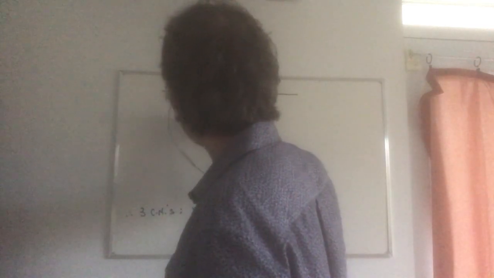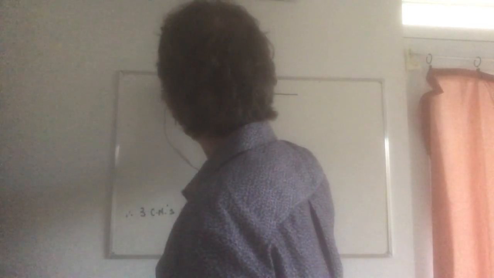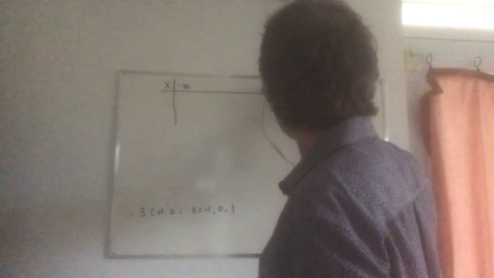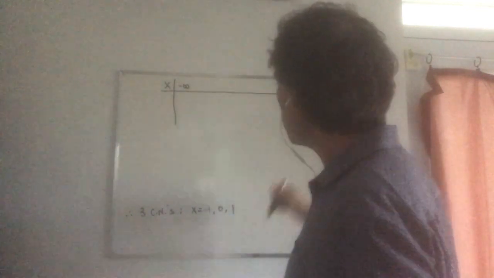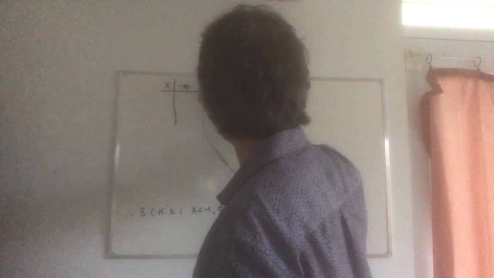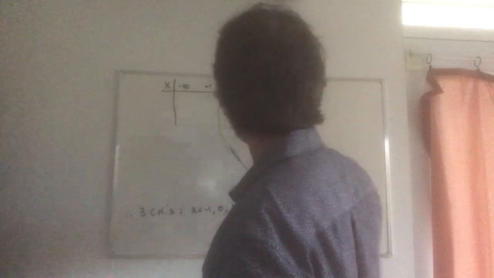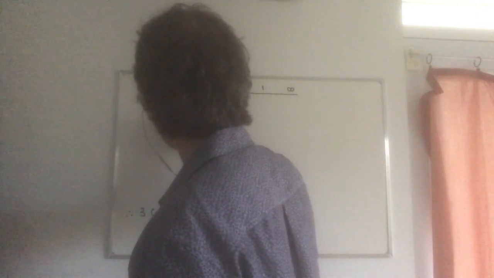And who's who will be told when I solve this table. So in here, I'm going to put my critical numbers, and then here, I'm going to put f prime and f.